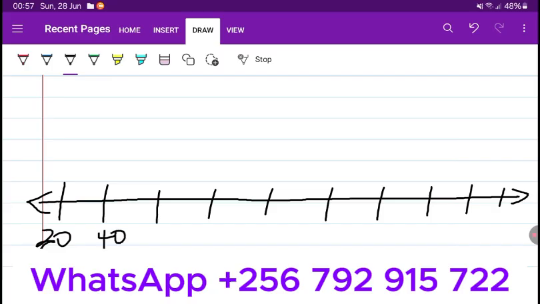This is 40, this is 60, this is 80, this is 100, 120, 130. No, this is 140. So those can be enough for me.